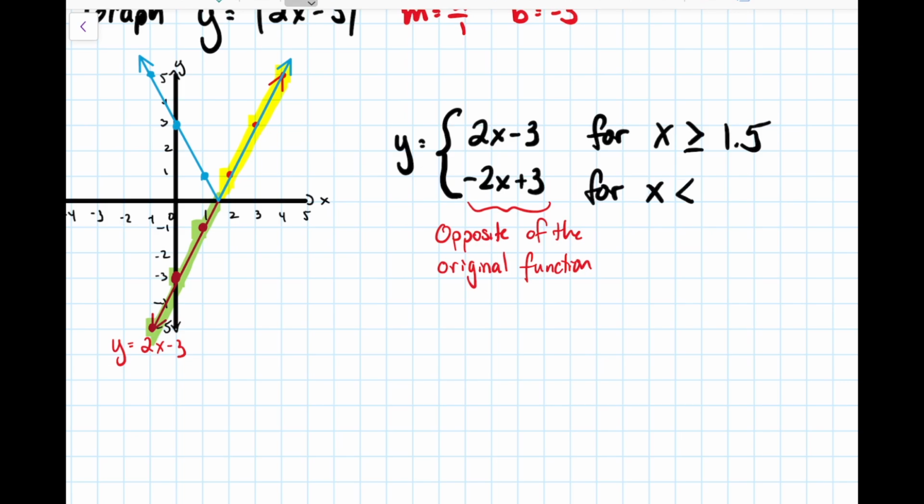The second half that did flip was when x was less than 1.5. It's not always going to necessarily be the same greater than or less than. It depends on which part ends up flipping, but it is always going to look something like this. You can't have the equals in both of these. So we typically include the equal part in the bit that didn't flip. The part that did flip doesn't get the equals. Because otherwise you're saying that one part is in both, and we can't really do that.